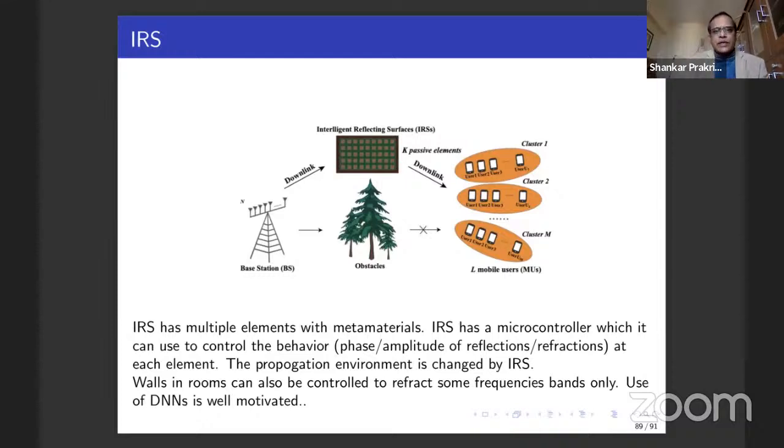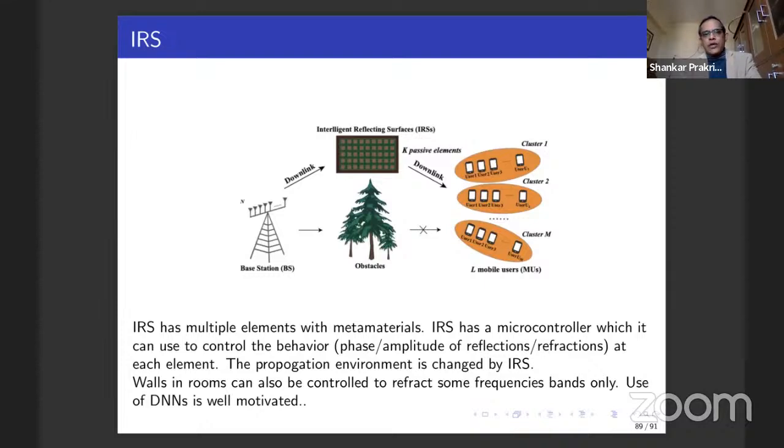All we have done is to say that people are focusing only on improving the performance of the far user. What we have done is try to improve the performance of the near user also by combining. Which makes sense because the power allocated to the far user can increase and its performance can again increase. It's an indirect way of doing things. And we're able to attain a diversity of 2 for the near user, which nobody has been able to do.